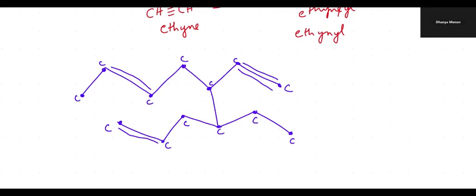Suppose we number it from here, 1, 2, 3, 4, 5, 6, 7, we are getting only 7 carbon atoms. But if we go this side, 6, 7, 8, 9, it is giving you a longer chain. And if we number this way, we are including 2 double bonds here.